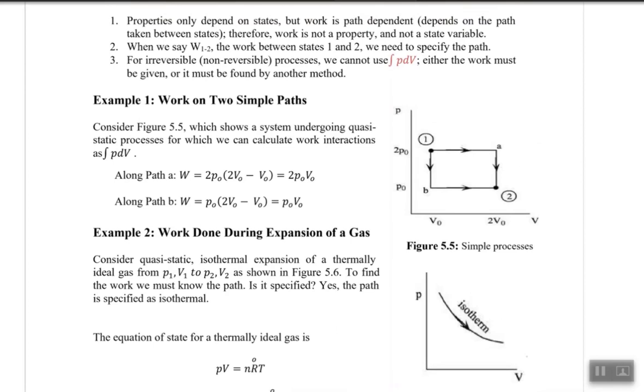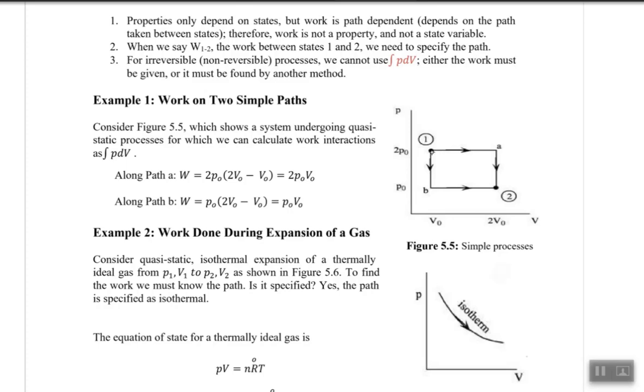I'm saying again, what do we mean by path? By path, we mean the processes. So for work done, consider figure 5.5, which shows a system undergoing a quasi-equilibrium process, where the work done interaction can be calculated by PdV. Let's say I've got two paths.